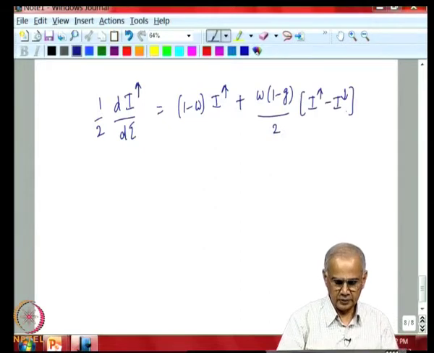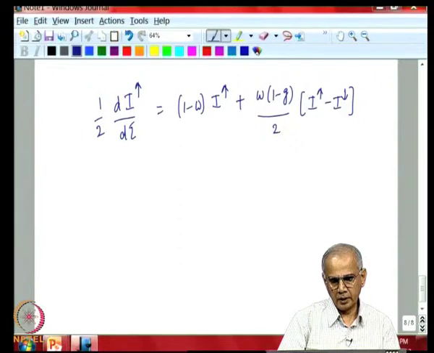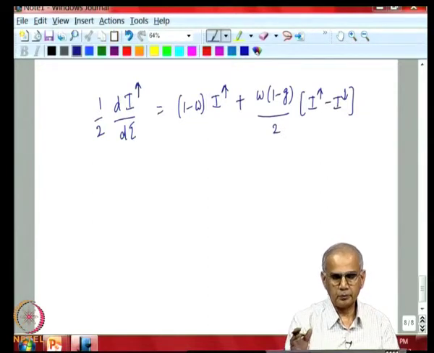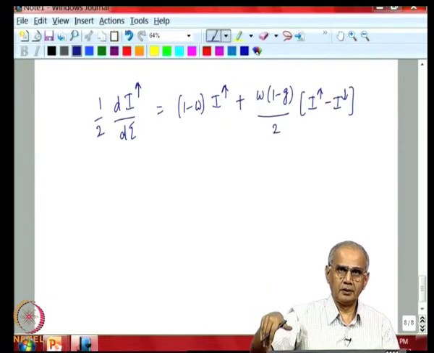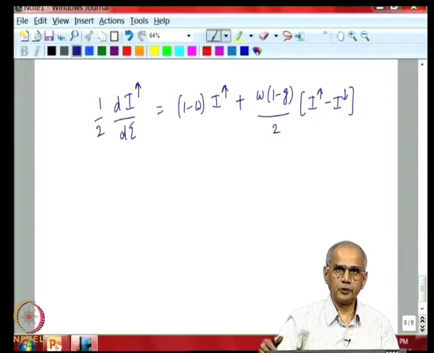So, this is a result which clearly shows that if there is only forward scattering and no backward scattering and G equals 1, the second term will drop out, because then there will be no connection with the downward intensity contributing to the upward intensity.